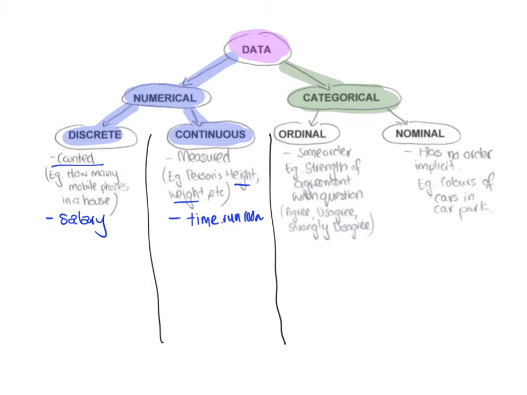All right, so categorical is broken up into two, and ordinal and nominal are the ones. So ordinal has the order, some type of order. What do I mean by that? A good one for ordinal is age groups.